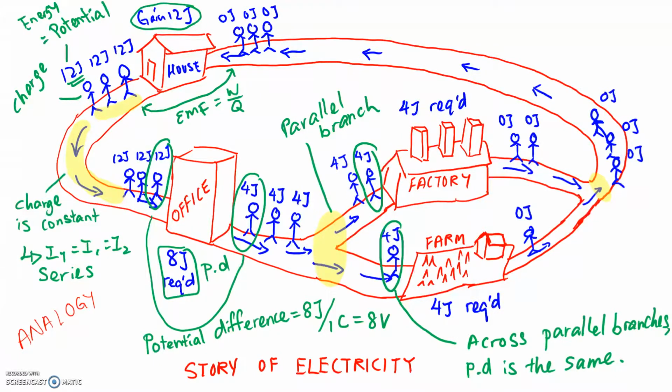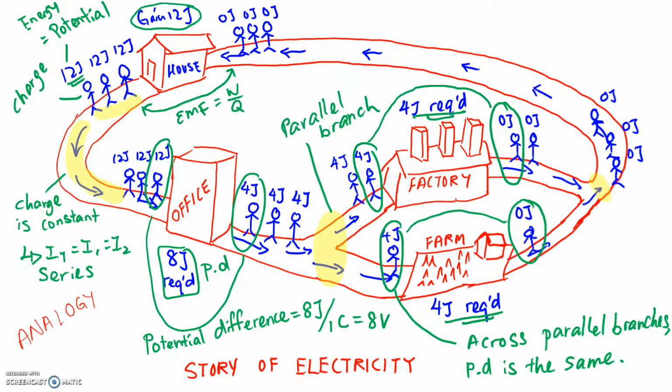So if you compare before and after, it will be the same amount. Before and after, the potential difference across is the same. 4 joules per charge required, even if this is the factory and this is the farm.